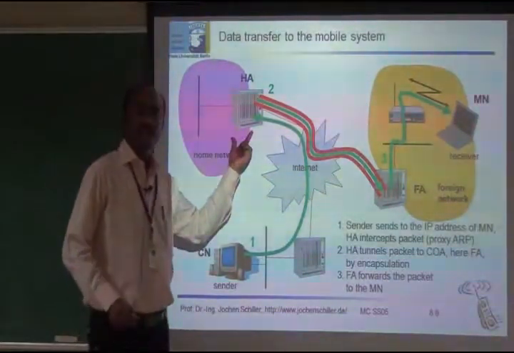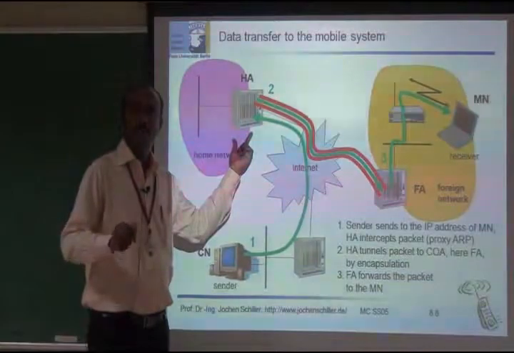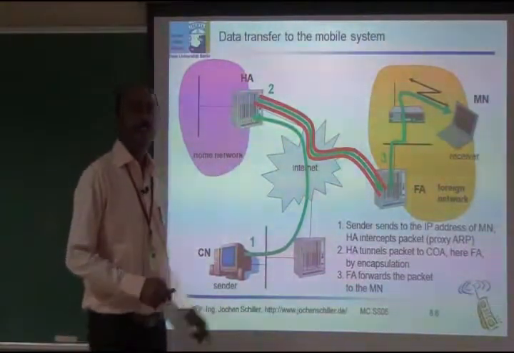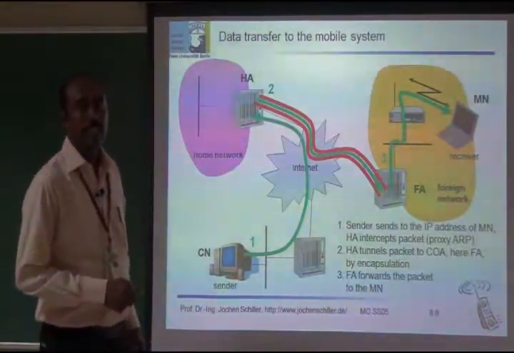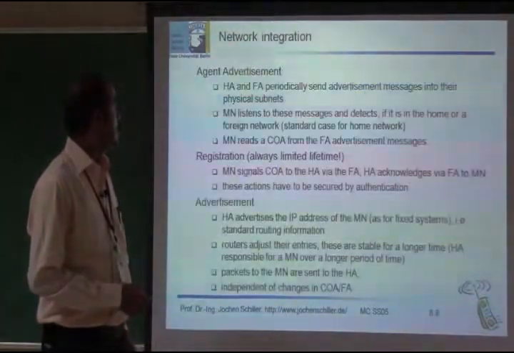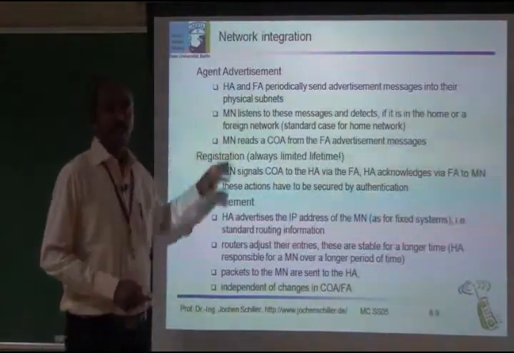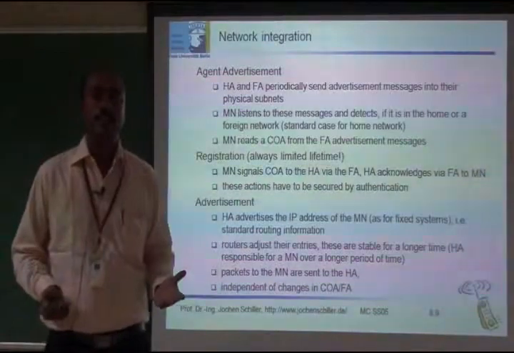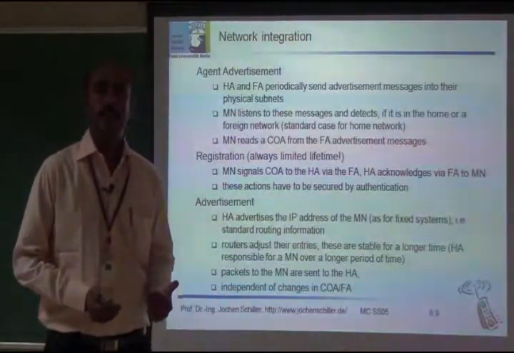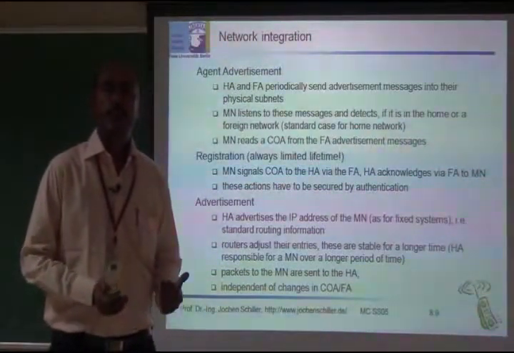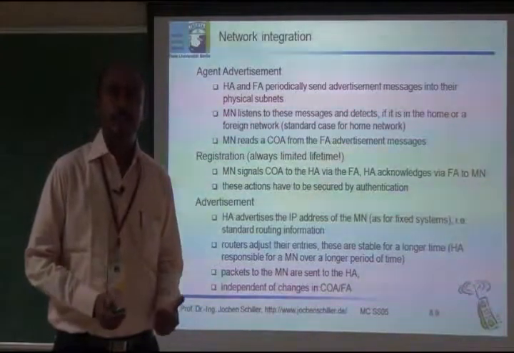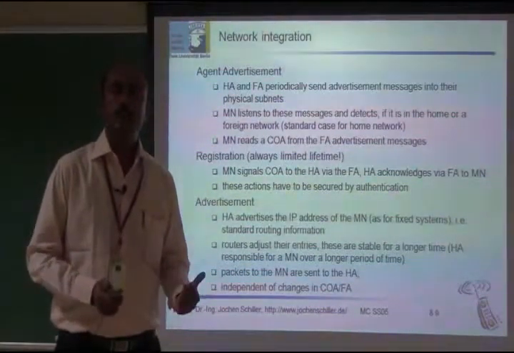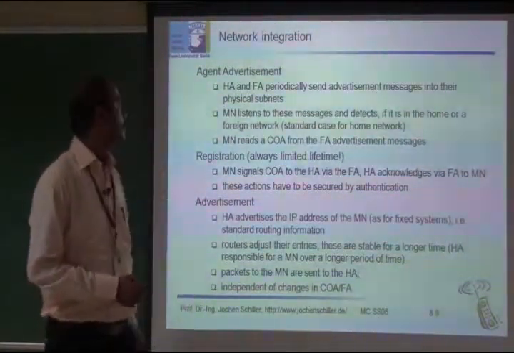When the home agent enters the network for the very first time, it will send the advertisement messages, called agent advertisement. When the home agent or foreign agent enters the network for the very first time, they will send the advertisement messages. Then only will the mobile nodes know about their presence.